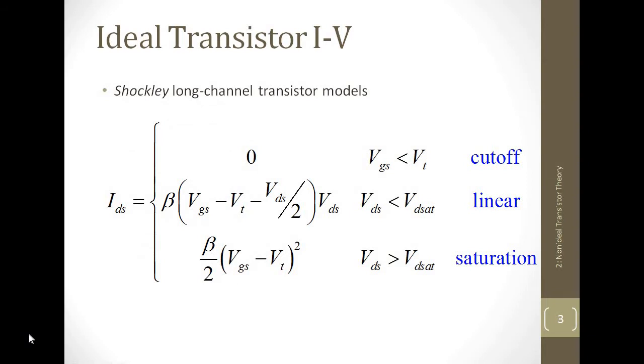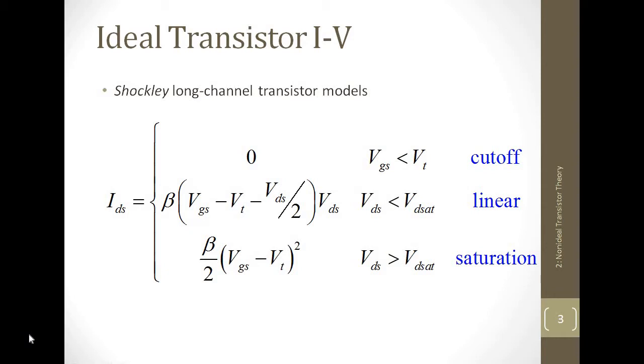In the previous video we have seen the MOSFET IV characteristics, and finally I summarized the IV characteristics in the three different regions. The IDS is the drain source current, or the drain current, which is nothing but the output current.